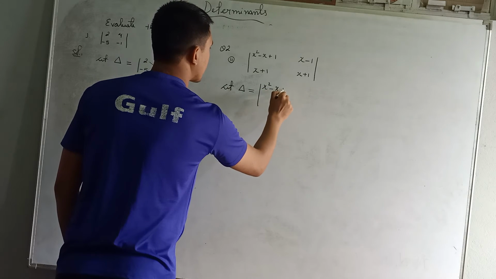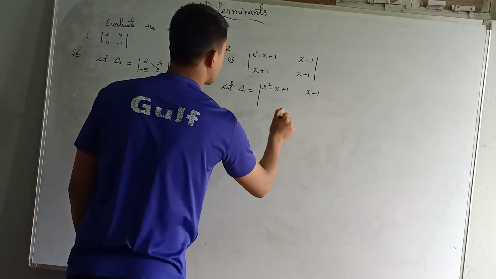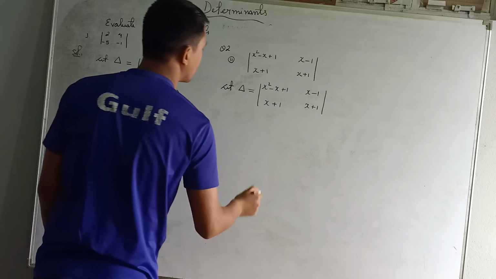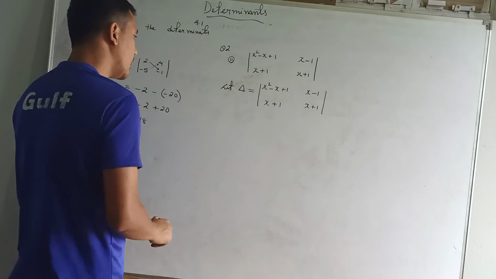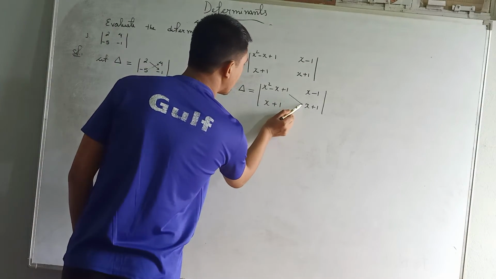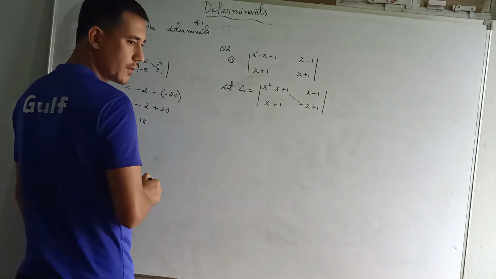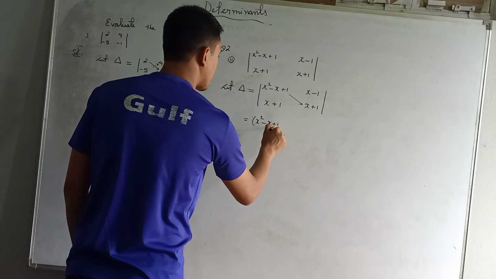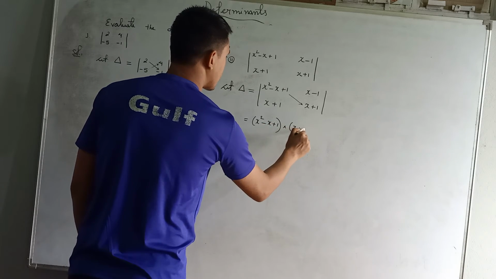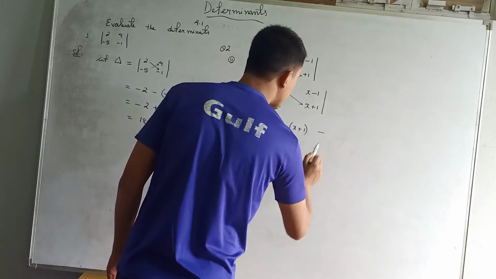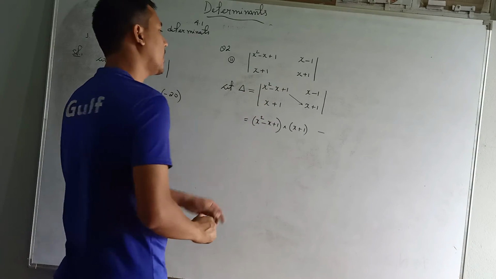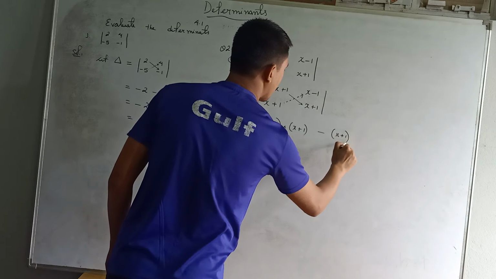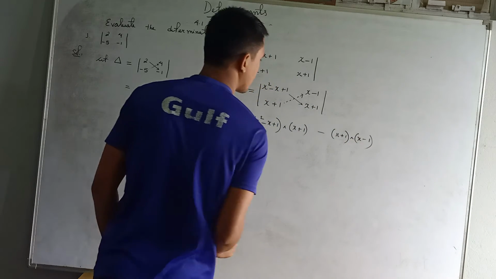We need to find its value. So what we do is we simply multiply the diagonal elements first. So x square minus x plus 1 to be multiplied with x plus 1, minus, and then we multiply the anti-diagonal elements, x plus 1 times x minus 1.